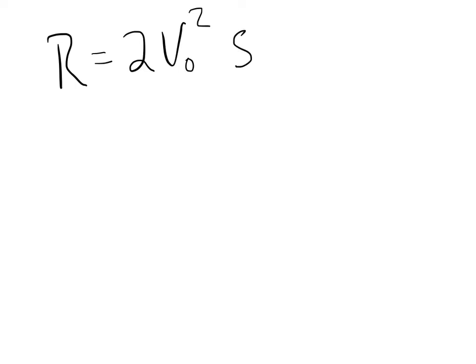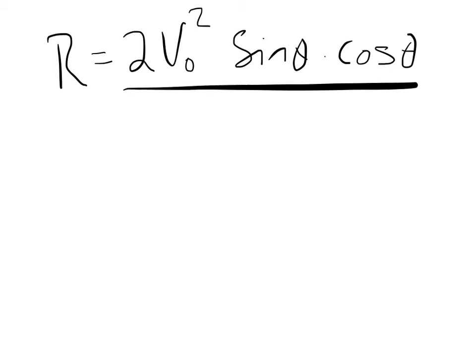And I'm going to have you make sure that you have this: R is equal to 2 v naught squared sine theta cosine theta over g. Okay? So what's 2 sine theta cosine theta?